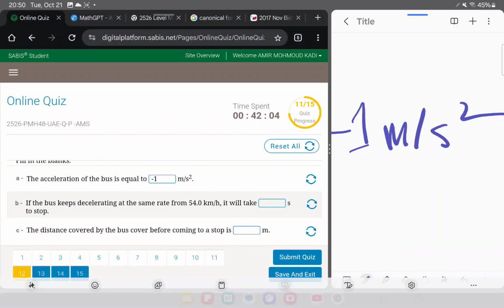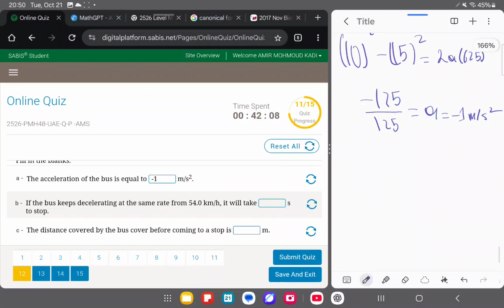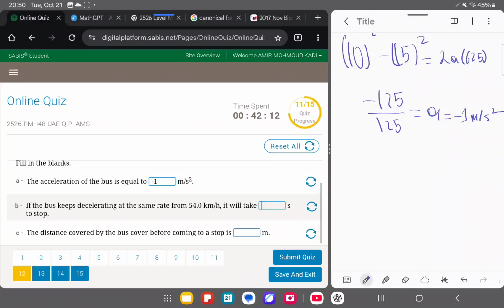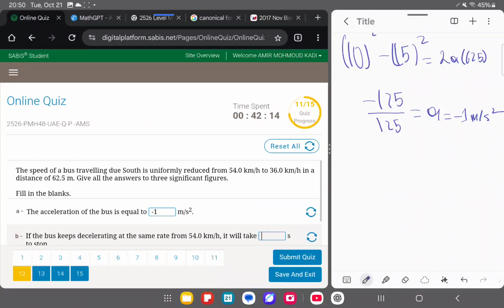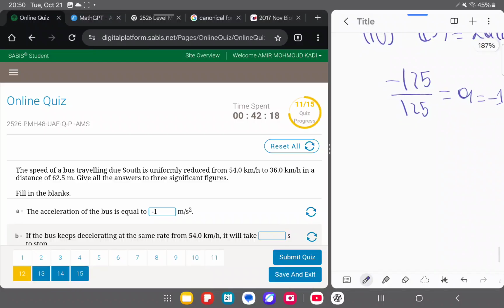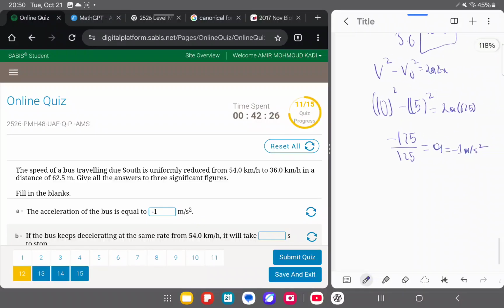Okay, so if the bus keeps decelerating at the same rate from 54 kilometers per hour, it will take blank seconds to stop. So how do you know if it keeps decelerating until it stops? That means you have to get to the point where v has to equal 0.